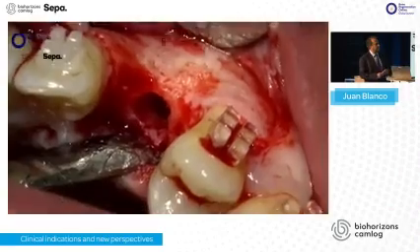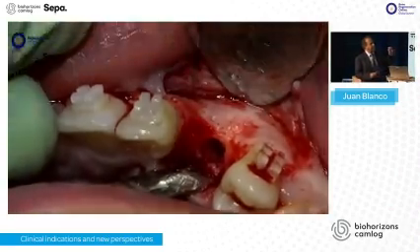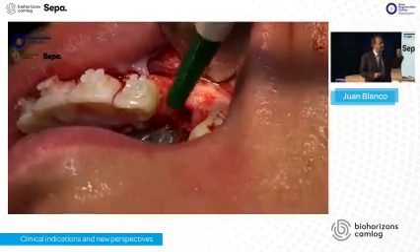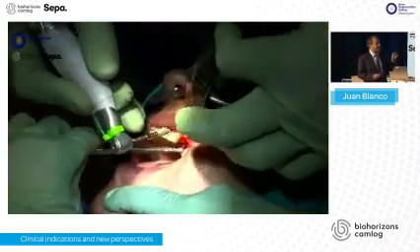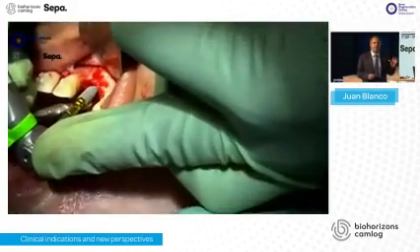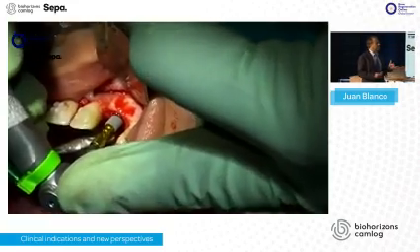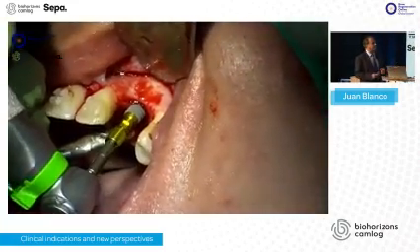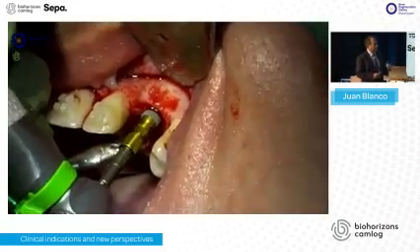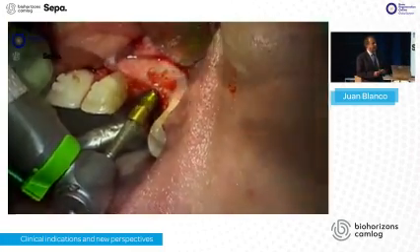We go with the different burs, and clearly we can see that the vestibular bone in the crestal zone is very thin. Even in cases where we don't have any dehiscence, we have to go for bone augmentation techniques. We install the implants very gently, in a very easy way.